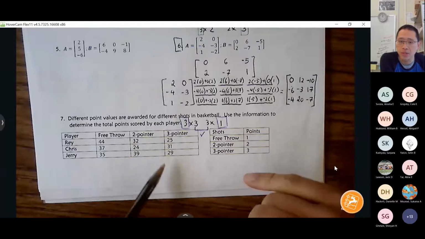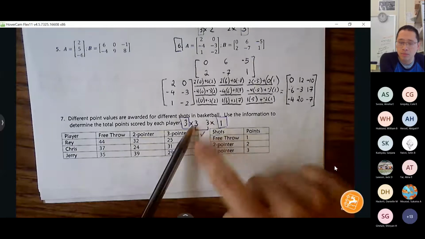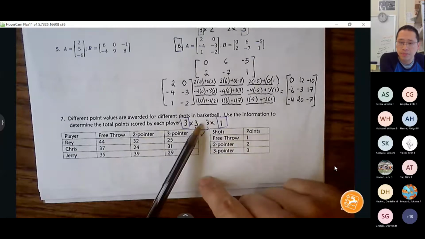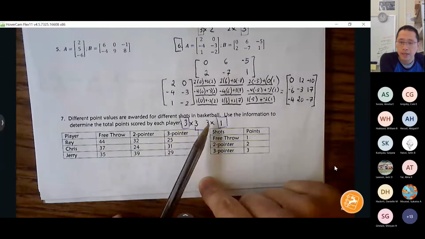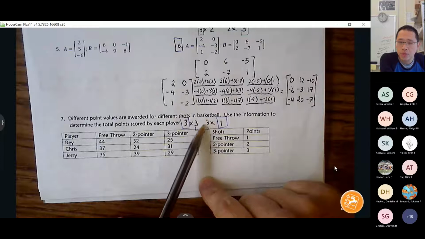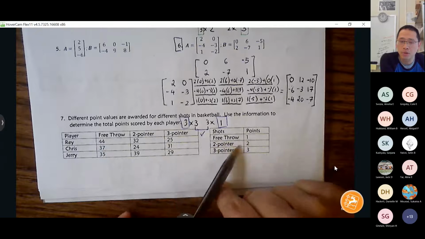That's a way to ensure that we are on the right path, because the columns of the first matrix are the categories free throw, 2-pointer, and 3-pointer. The 3 rows of your second matrix are also the same categories: free throws, 2-pointers, and 3-pointers.